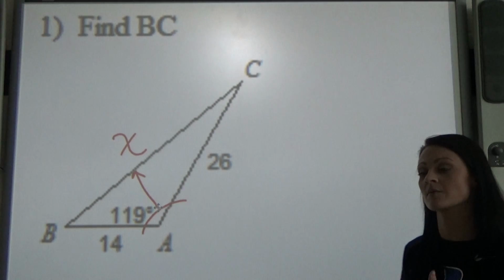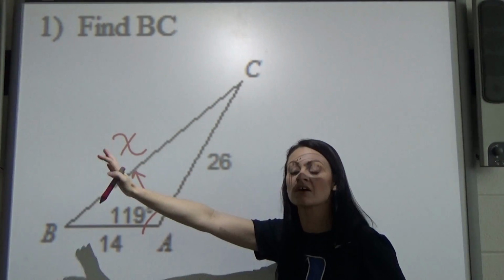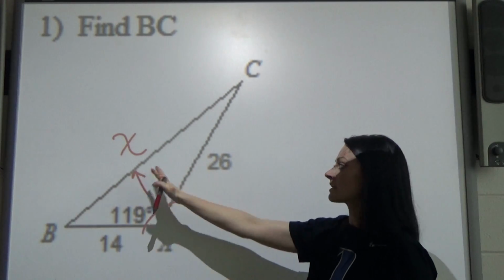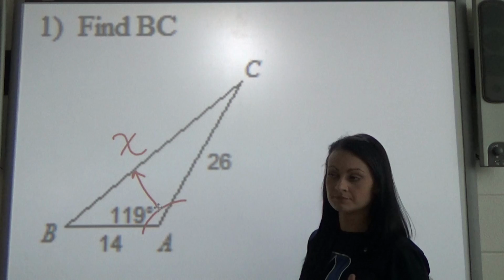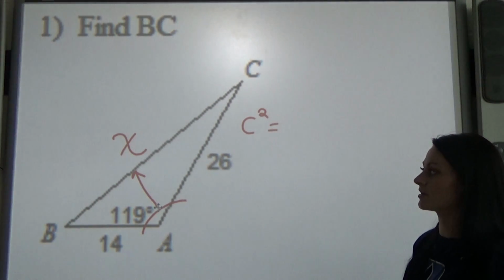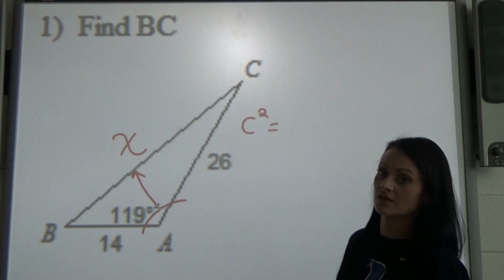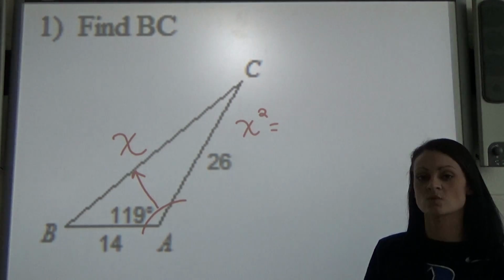So when I set up the law of cosines, x is the one that's all by itself on the other side of the equal sign. This is what I would consider my hypotenuse on a right triangle. So c squared is the one that's going to be all by itself. Because I'm using x, we'll call it x squared.